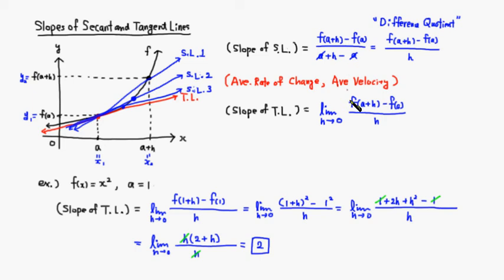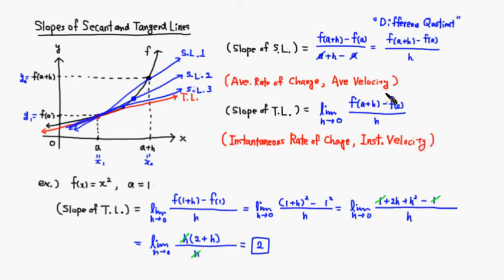For the slope of the tangent line, the equivalent terms are instantaneous rate of change or instantaneous velocity.